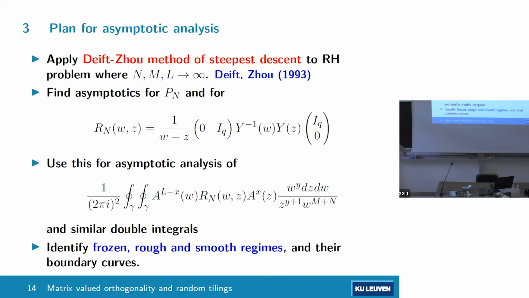These are explicit transformations of the Riemann-Hilbert problem in order to reduce it to simple jumps that are close to the identity matrix. But it's a method, I mean, it's more like a guideline. This is what you can do in some cases. It's not something that works automatically. You have to work yourself.